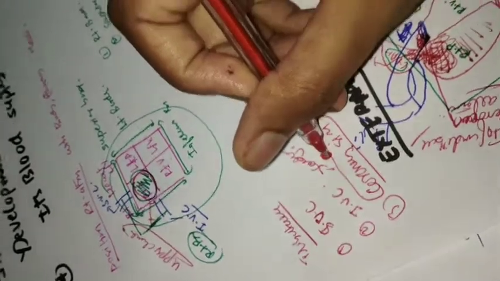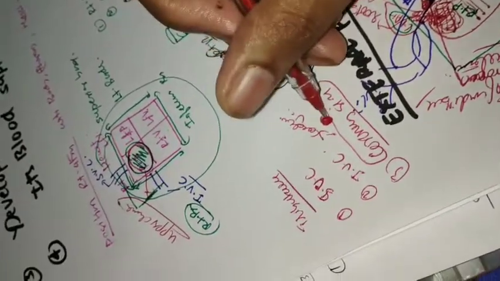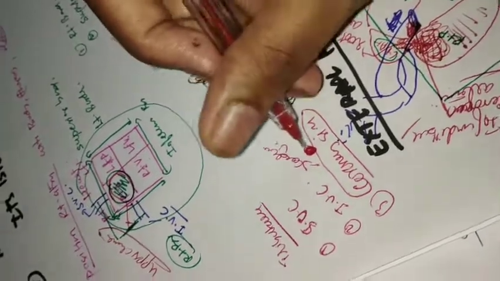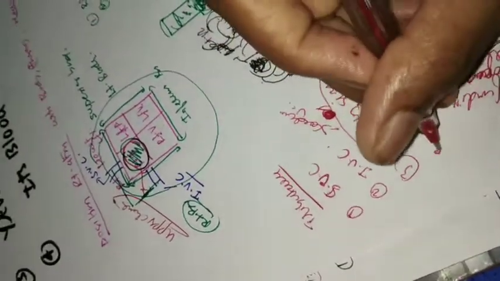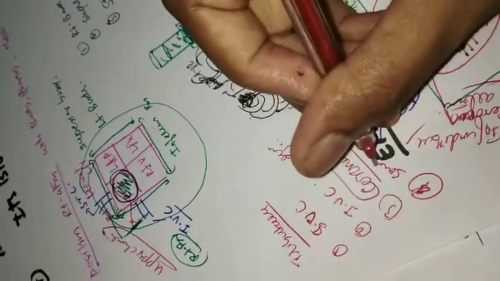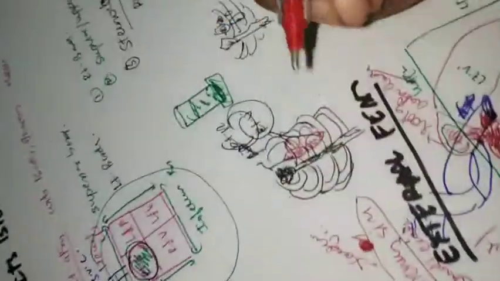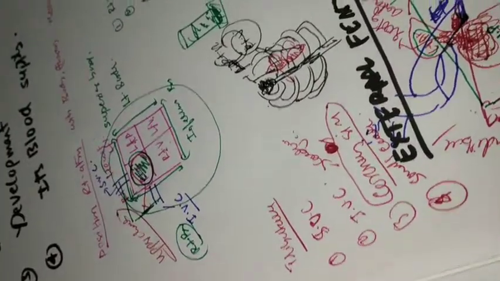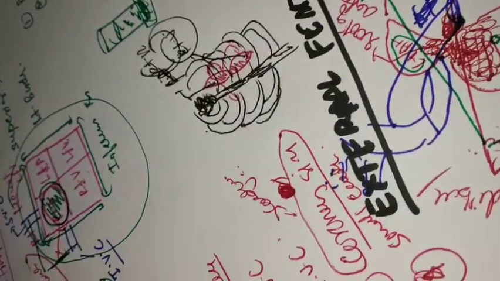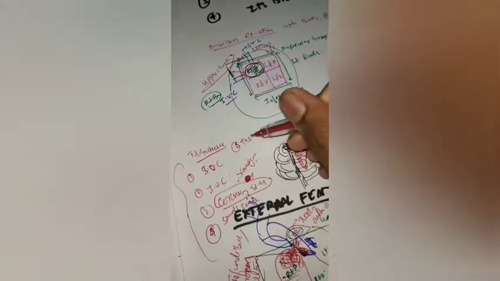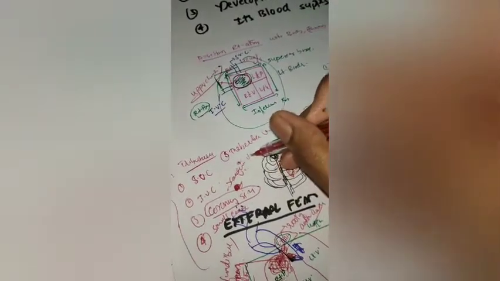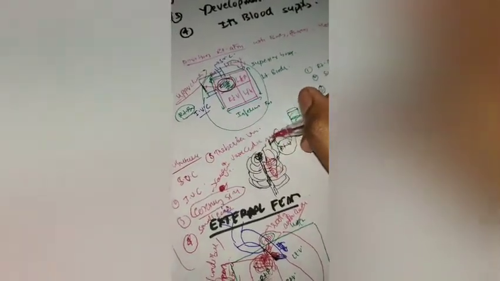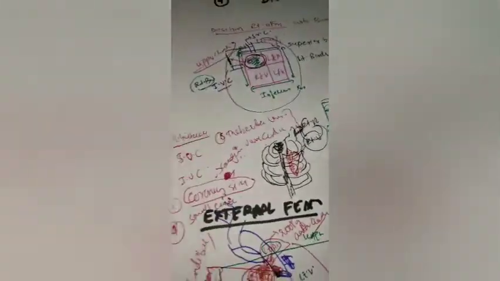And some small cardiac veins also open directly into your right atrium. Yeah, and you have some anterior cardiac veins, and your venae cordis minimae. These are also the veins which open into your right atrium.